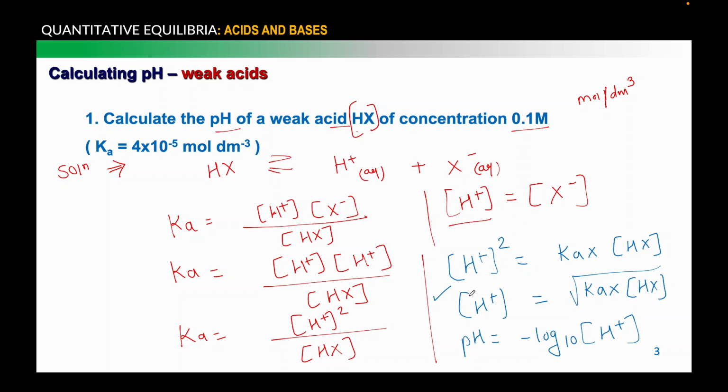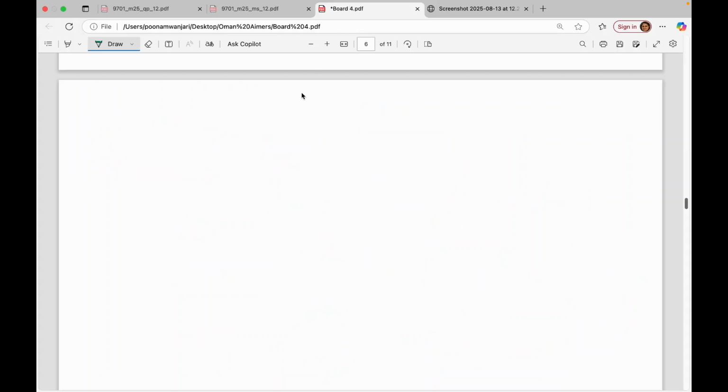Whenever you see weak acid, student, your formula should be H plus is equal to under root of Ka into concentration of given acid. And later on you need to put formula for pH. Solve from given values. H plus is equal to under root of Ka into concentration of acid.